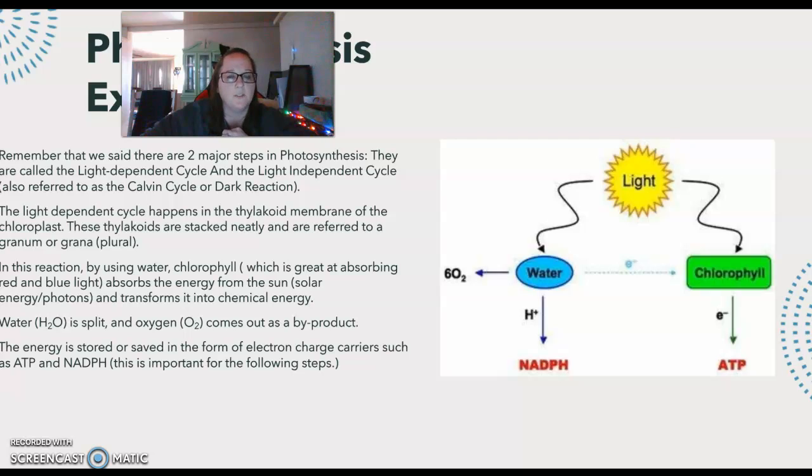In this reaction, by using water, chlorophyll, which is great at absorbing red and blue light, absorbs the energy from the sun, solar energy or photons, and transfers it into chemical energy. Water, H2O, is split, and oxygen, O2, comes out as the byproduct. The energy stored or saved in the form of electron charge carriers such as ATP, energy, and NADPH is created. And these are very important for the following steps. If you'd like to take a look at this diagram, it gives us an indication of what we're referring to.